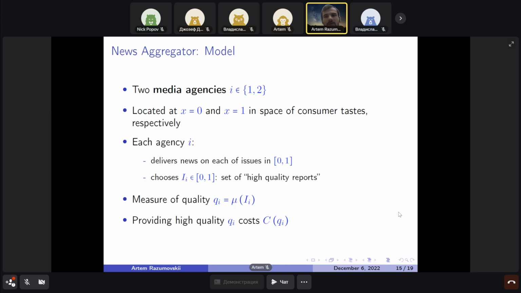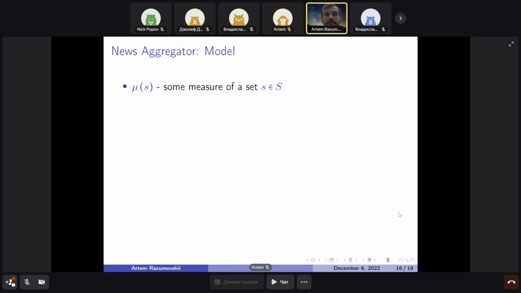Because it's costly for the agency to make high quality news, which is quite natural. Someone has to seek out resources, talk with someone, make some conclusions, write a really good quality text, and so on.